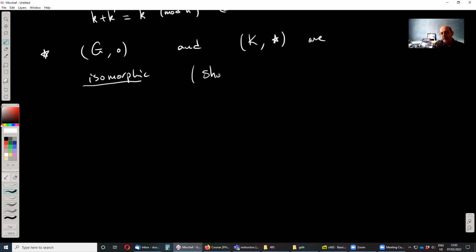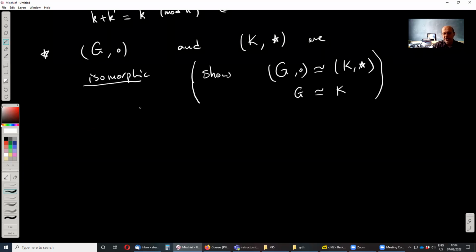So let's say a group G with an operation O, and a group K with operation star, are isomorphic. We say that they are isomorphic. I'm going to show this by this symbol. This group is isomorphic to that group, or frequently I'm just going to use the sets themselves, if you know what the group operation is.